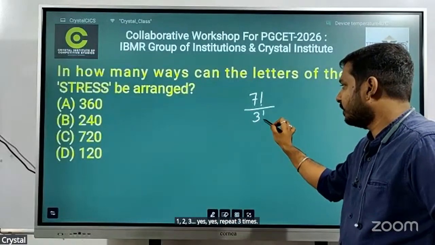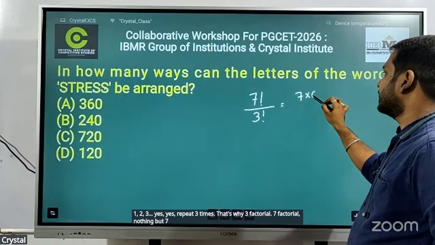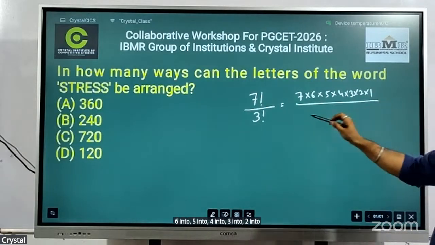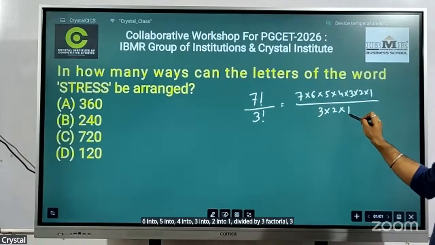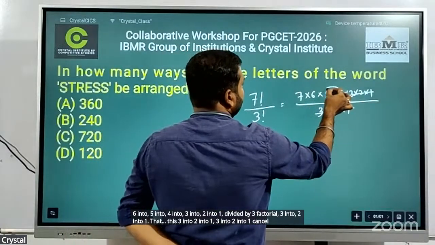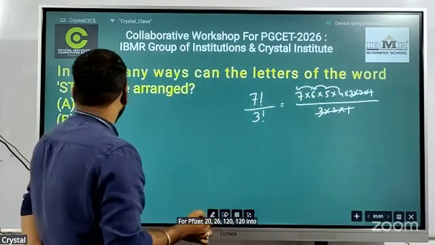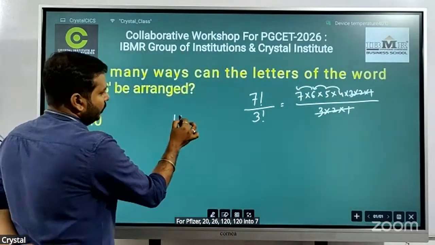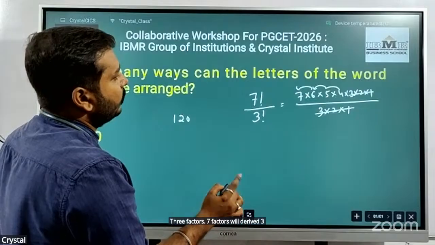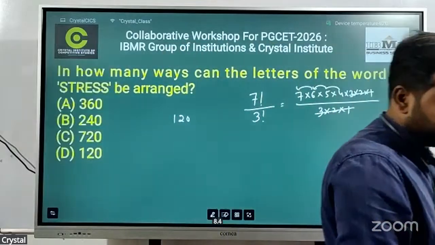That's why 3 factorial. 7 factorial is nothing but 7 into 6 into 5 into 4 into 3 into 2 into 1, divided by 3 factorial, 3 into 2 into 1. Those 3 into 2 into 1 cancel. 4 5s are 20, 20 6s are 120, 120 into 7. Sorry.